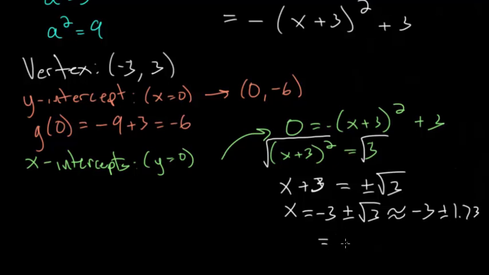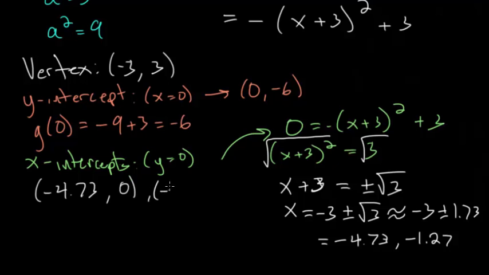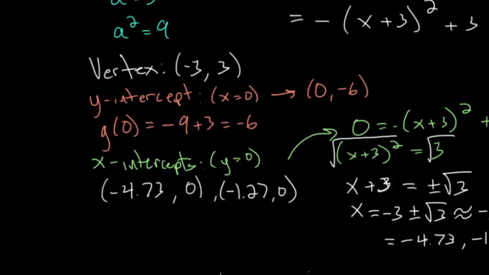And so this gives us minus 4.73 when we subtract it. And when we add it, we get minus 1.27. So we have our x-intercepts at minus 4.73, comma 0, and minus 1.27, comma 0. And from this, we now have the vertex and both intercepts, so we can draw a pretty accurate picture.